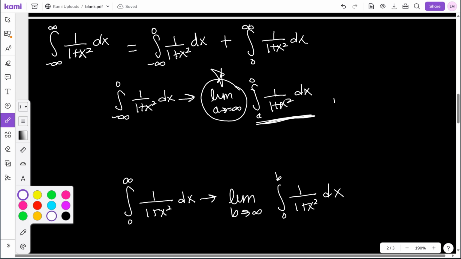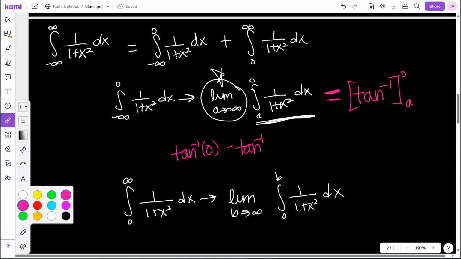When I integrate it, it becomes tangent inverse, and I'm evaluating that from a to 0. So then that looks like tangent inverse of 0 minus tangent inverse at a.